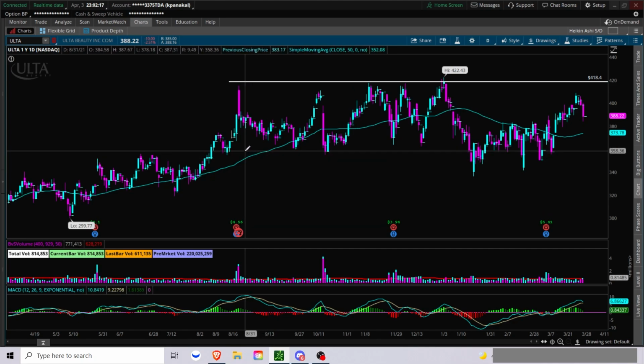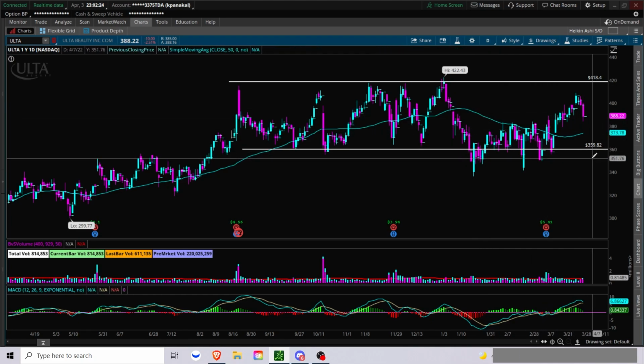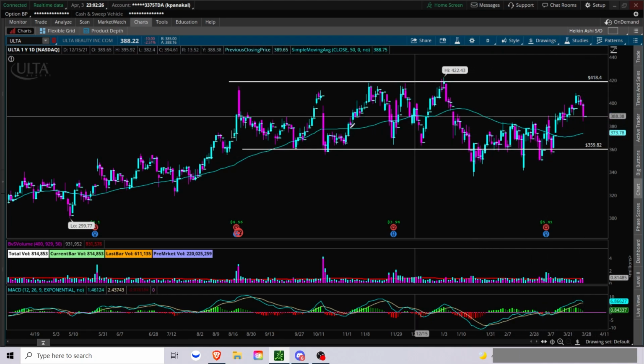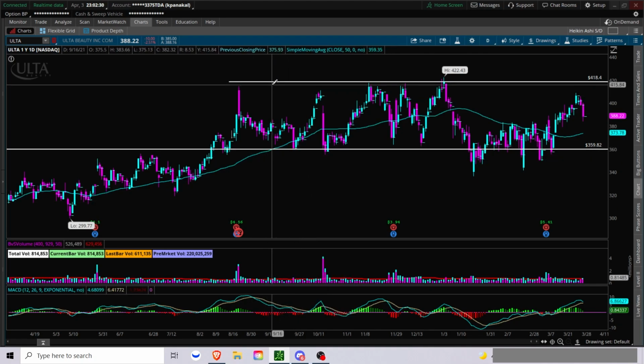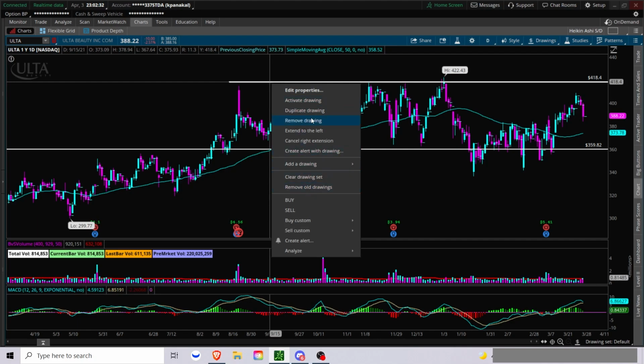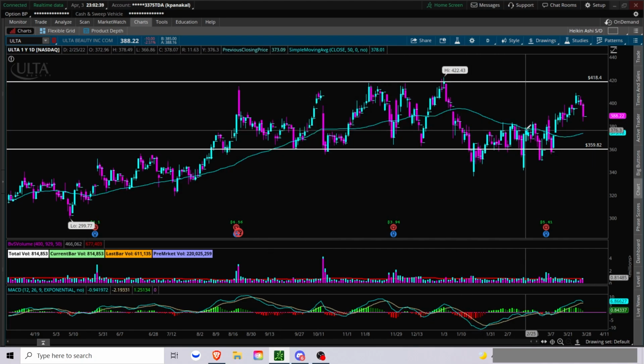It's been trading between 359 and 418.40, which is actually pretty insane. This is actually perfect, and this ties into what we were reviewing yesterday.